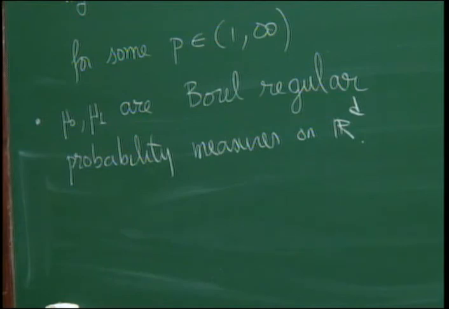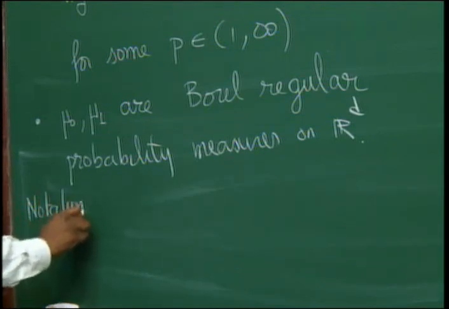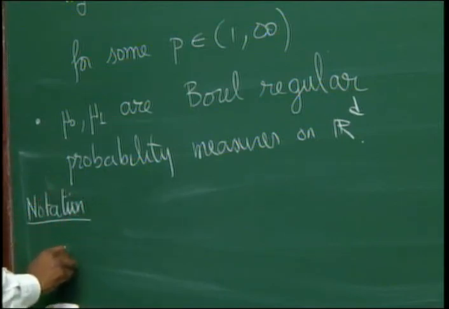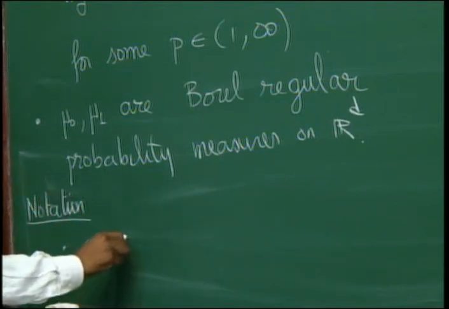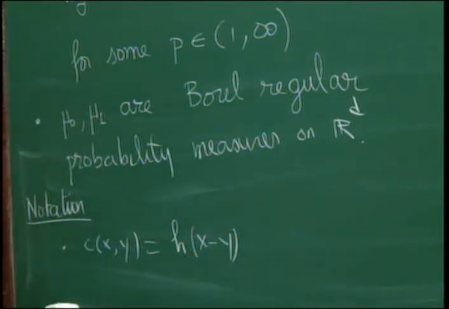And my notation starts with first c of x,y is h of x minus y. This is the cost to transport a unit mass from x to y.